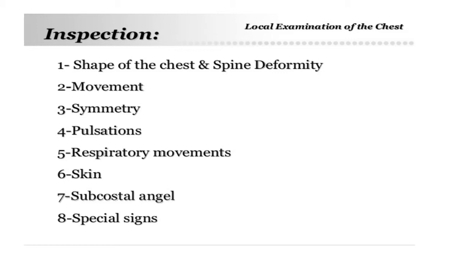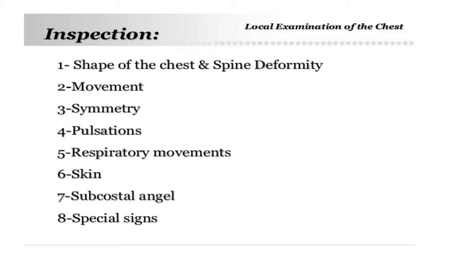And then you have to check the movements, whether both sides of the chest are moving equally or not. And then you have to check the symmetry, whether one side is prominent and the other side is not. If any asymmetry is noted, then note it down.